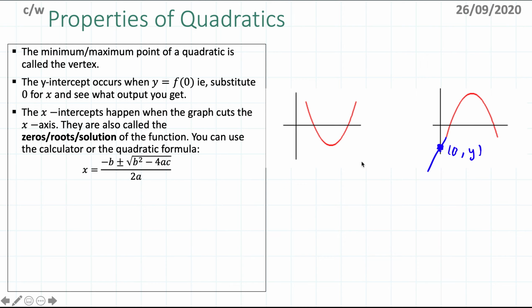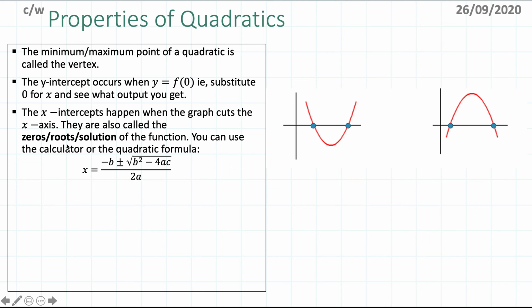And then in reverse, we also want to look at the x-intercept. So when does my graph actually cut the x-axis? We have 4 of these here, or 2 in one graph, 2 in another. And it depends, sometimes it's not 2, but again, that explanation is for another video.